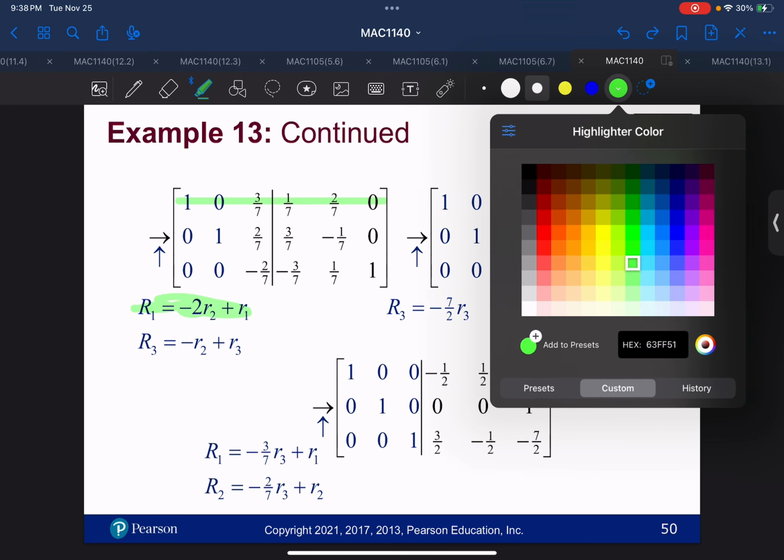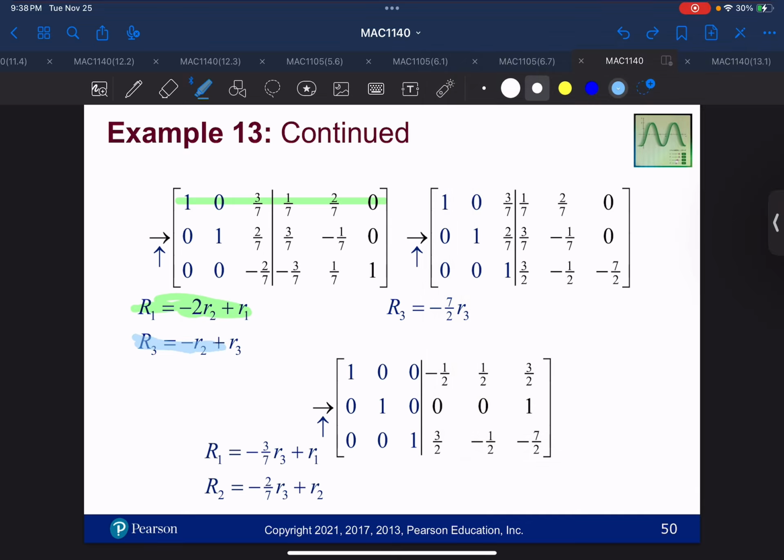To get a new row 3. So they did 2 steps in that from that last slide, which is kind of cute. They did get both of these equal to 0 in that step, which is good. So now what they're going to do is get this one equal to 1 by multiplying by that reciprocal.